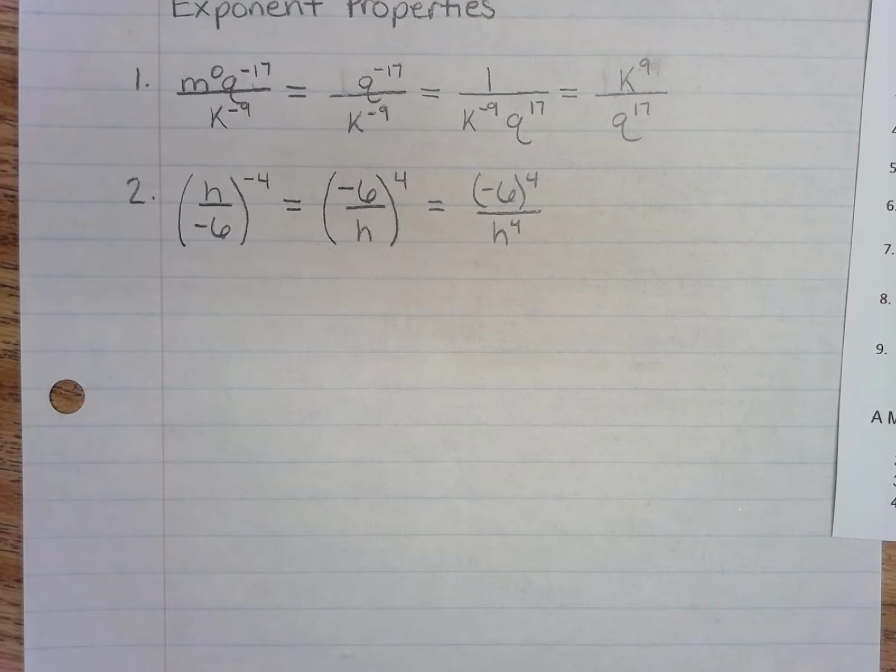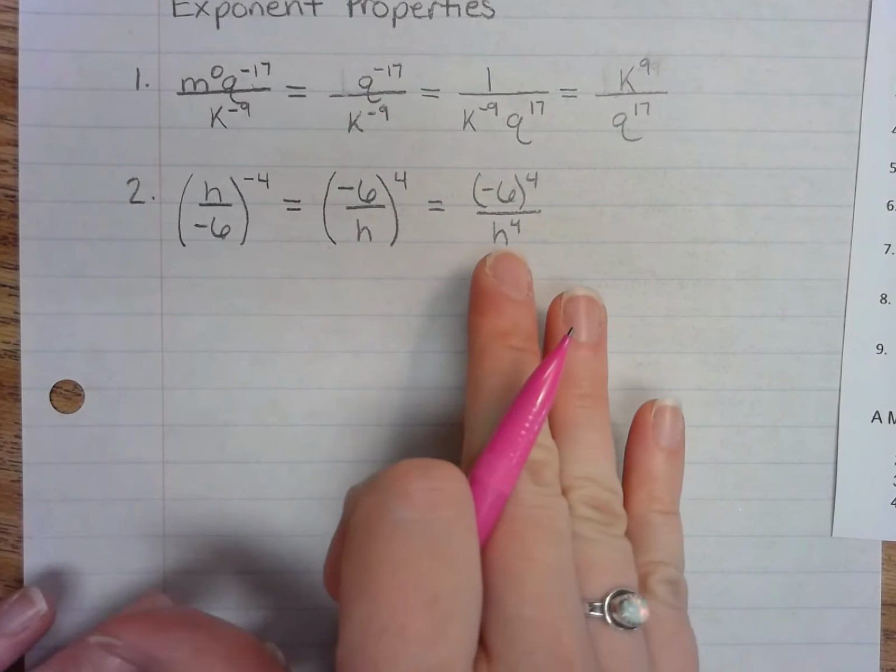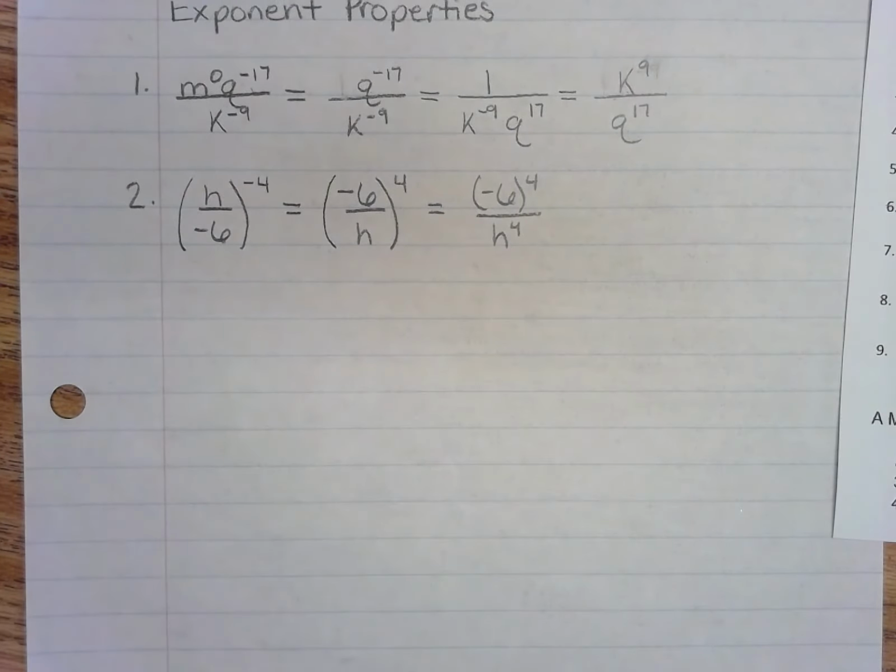It's 1,296 and leave it over h to the 4th. However, using exponent properties is what we're wanting you to use, and so this is far enough. But make sure if you do punch that in the calculator, you use parentheses around that negative 6 because they do matter when using your calculator. You've got to tell it, I want to do the entire number to the 4th power.